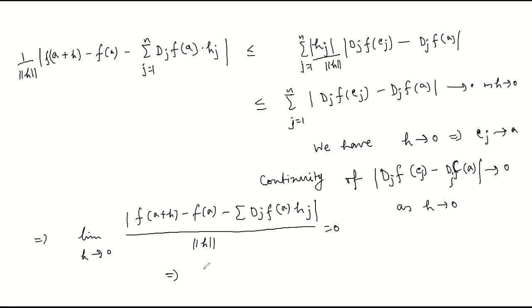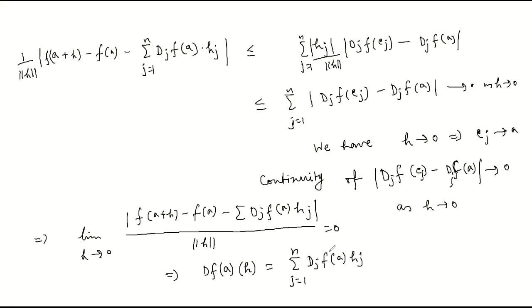By definition, df, the derivative of f at the point a, is a linear transformation from R n into R, given by the summation of dj f at a times hj, over j equal to 1 to n.